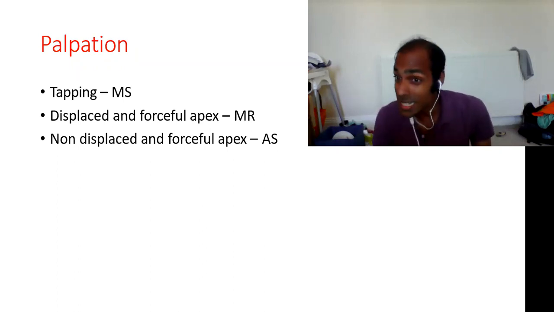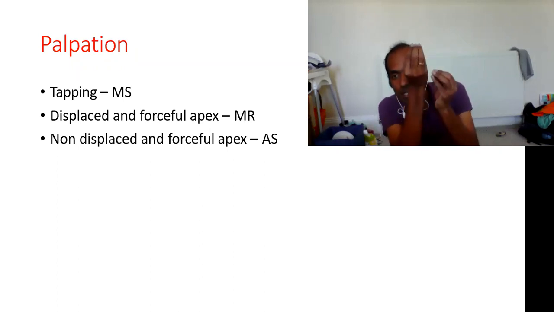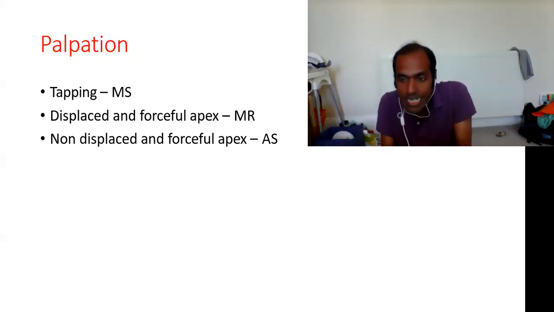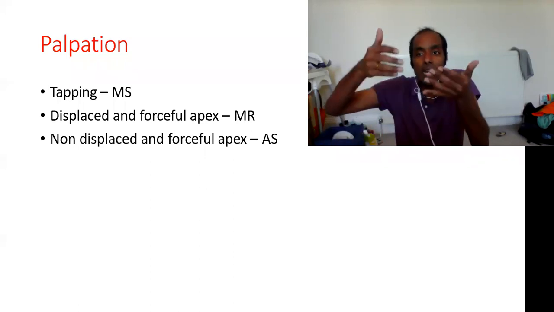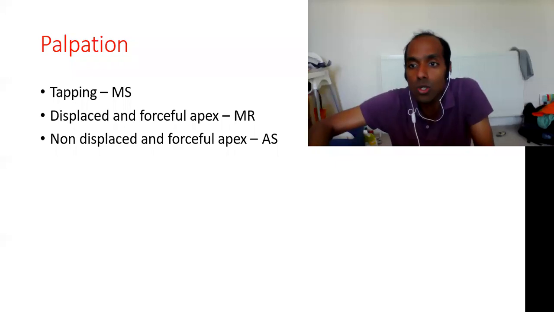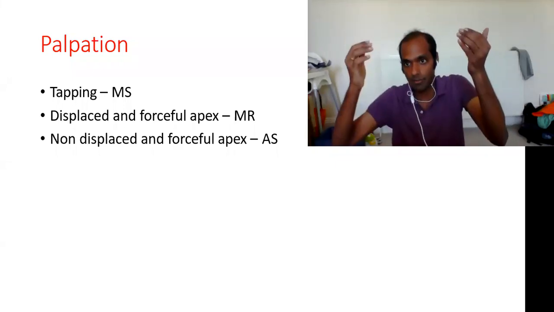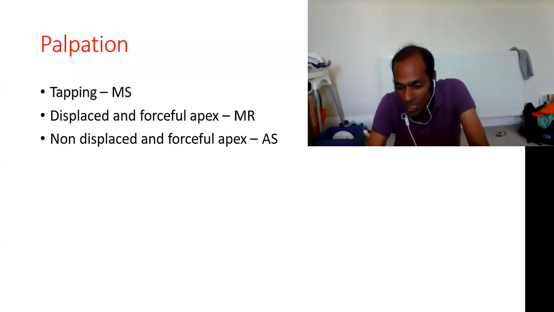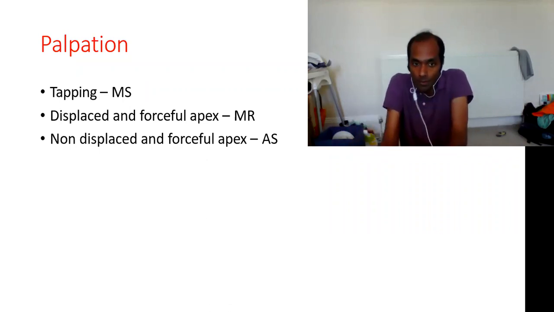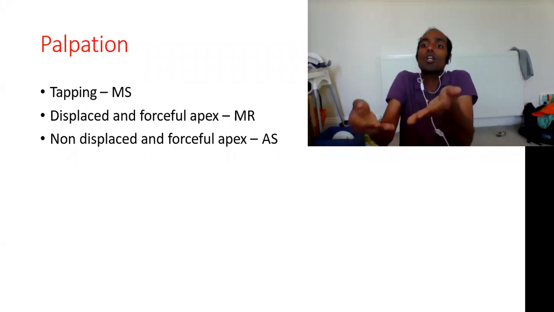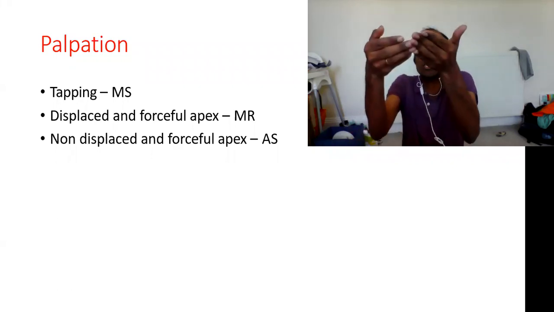But in mitral stenosis, because the ventricular filling is compromised, the valve suddenly has to snap shut. It can't float, because the blood flow into the ventricle is compromised. The valve leaflets can't float on the blood and gradually close.